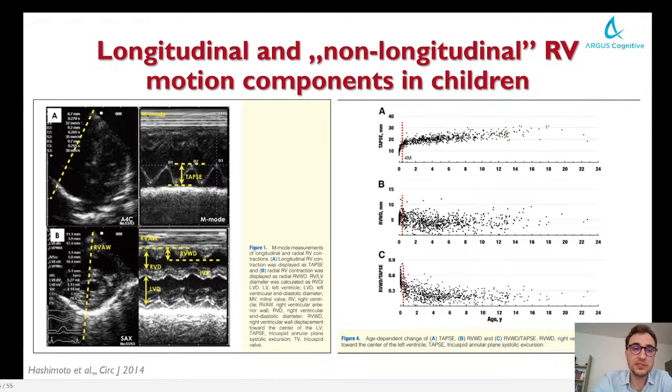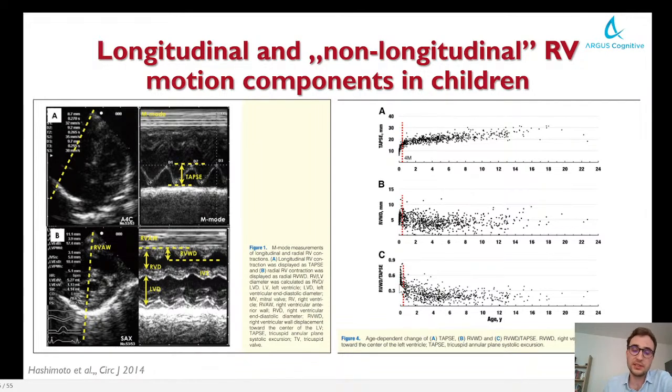And interestingly, they showed a reciprocal change of this inward motion to TAPSE. So the ratio of right ventricular inward motion and TAPSE decreased along age, with the largest decrease in infants in the first few months of life.